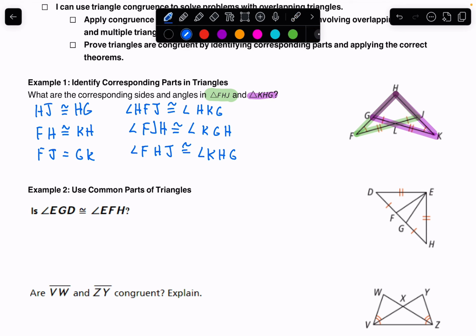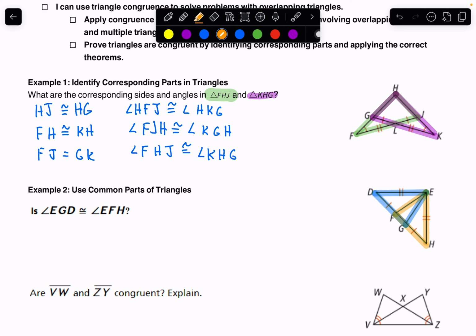And in my opinion, since I know EGD is one of the angles that I need, then I'm going to use the triangle I make with that angle, which is triangle EGD. And then the other angle EFH is this angle right here. So I'm going to make the triangle I make with that angle.